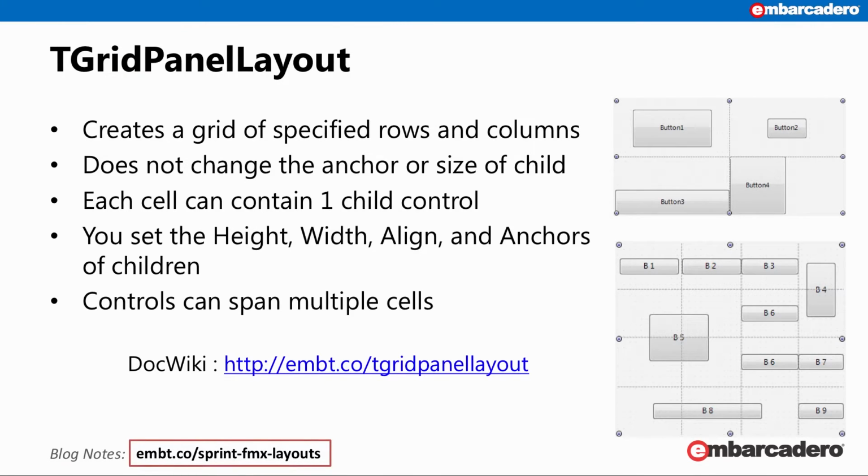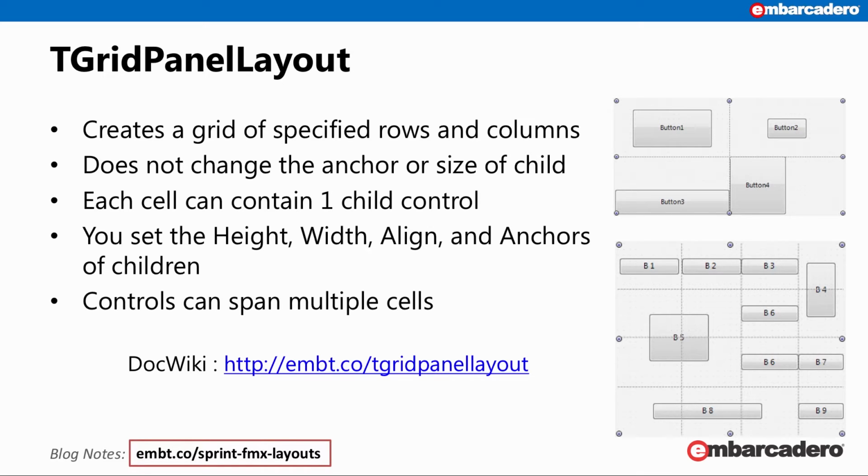The grid panel layout, you create a grid, okay, and then each control you set the width, height, align, and anchors of those controls. And then you can then place those controls in the cells that are created of that grid. Okay, so you don't specify the size of or the location of the controls.